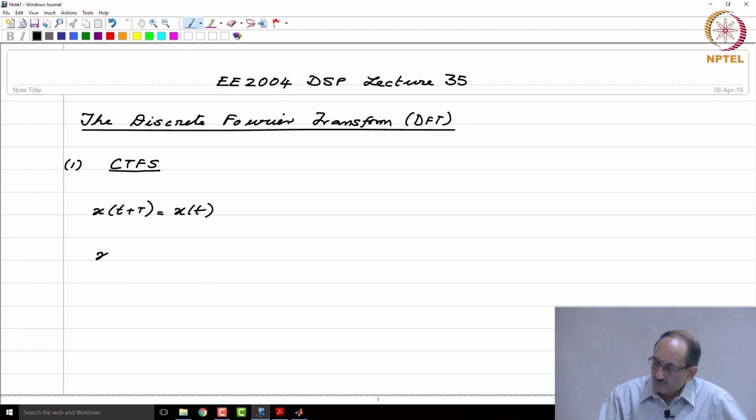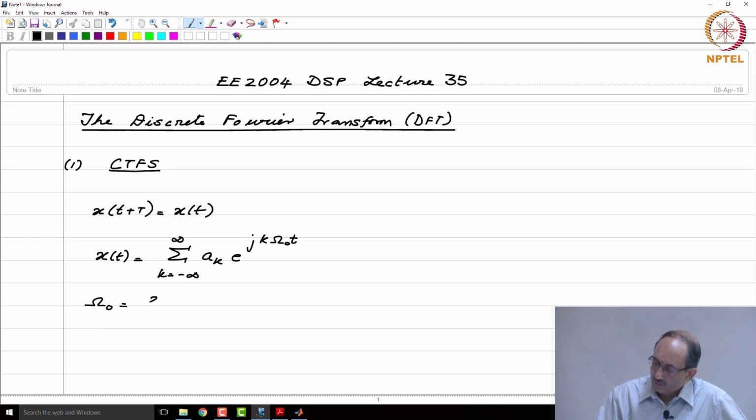If this were the case, you were told that it admits a Fourier series expansion, and the expansion was given like this: a_k e^{j k omega naught t}.